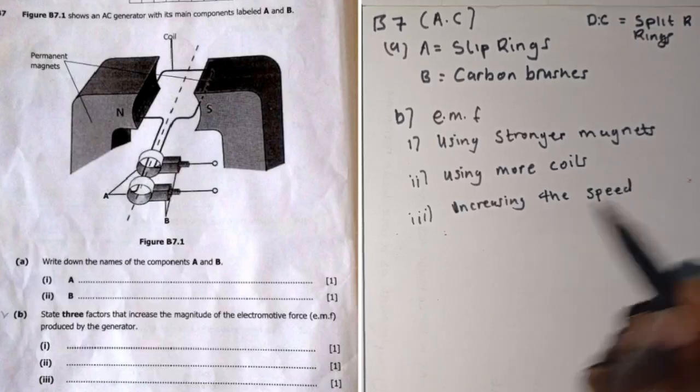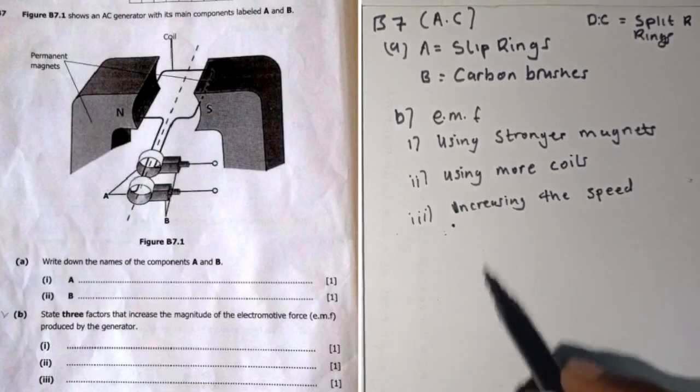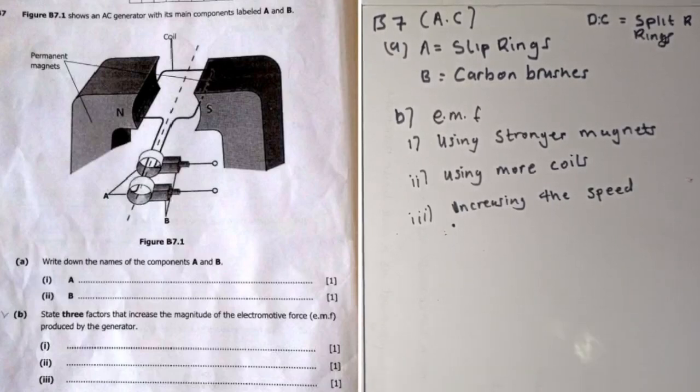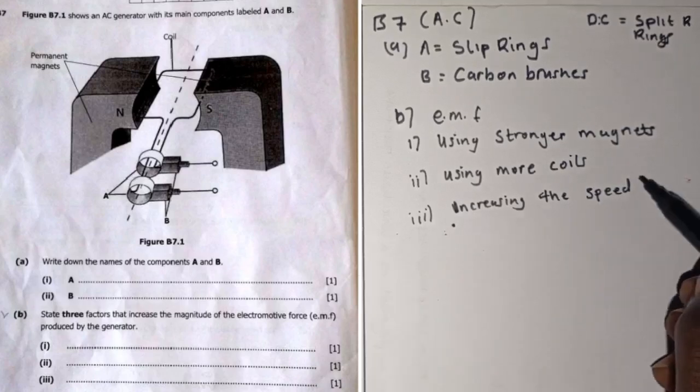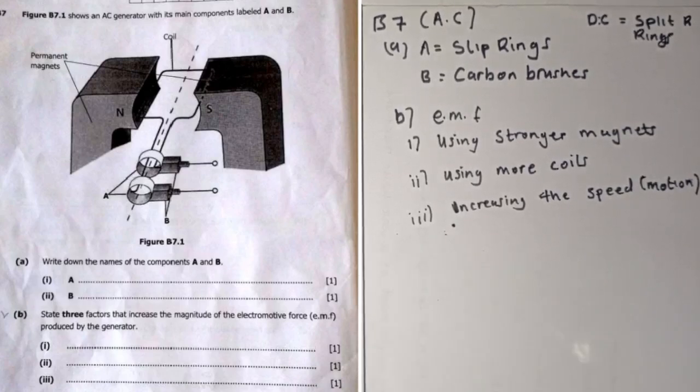The generator moves, so you have to produce motion. Once the motion is increased, the EMF will definitely increase, because you're increasing the change of magnetic flux. So these are just the three things that you need to write, keeping it very simple so that you are not confused. That was B7.